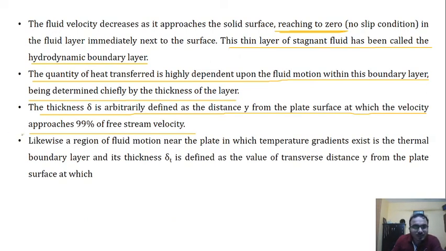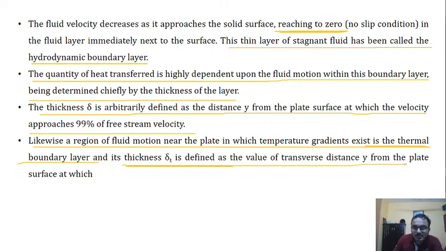Likewise, a region of fluid motion near the plate surface in which a temperature gradient exists is known as the thermal boundary layer, as shown in the second curve, and the thermal boundary layer thickness is delta T. Delta T is defined as the value of transverse distance y from the plate surface at which this condition is satisfied. Previously we had U equal to 0.99 U infinity to define the hydrodynamic boundary layer thickness.